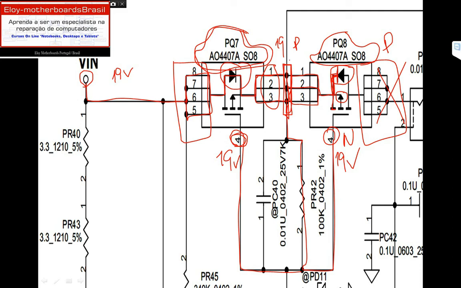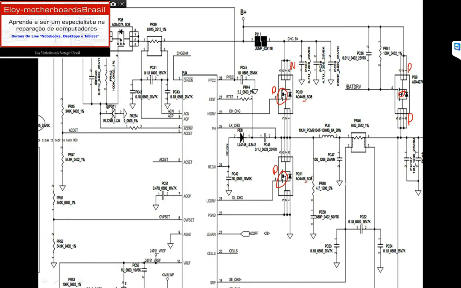So it will need this AC drive right here to function and put all these 19 volts to 0 volts. We will need 0 volts here.